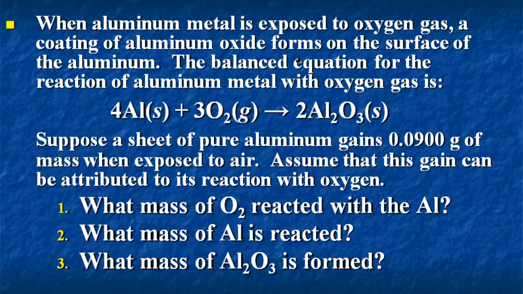The problem with this problem, what I found is when they say a coating of aluminum oxide forms on the surface, the mass gain should be because of the aluminum oxide, right? But later when they do the problem, they attribute that as the mass of oxygen that reacted. Which, when you think logically, is wrong.